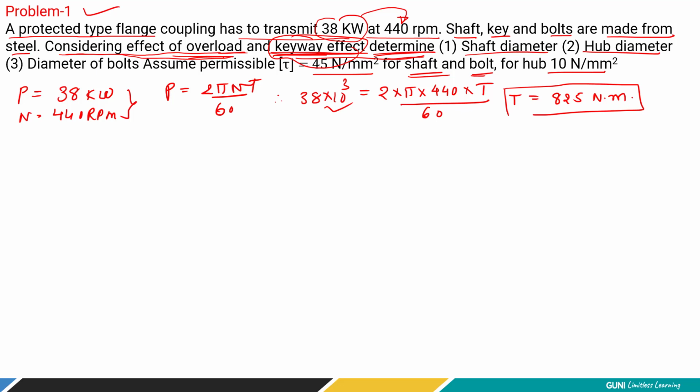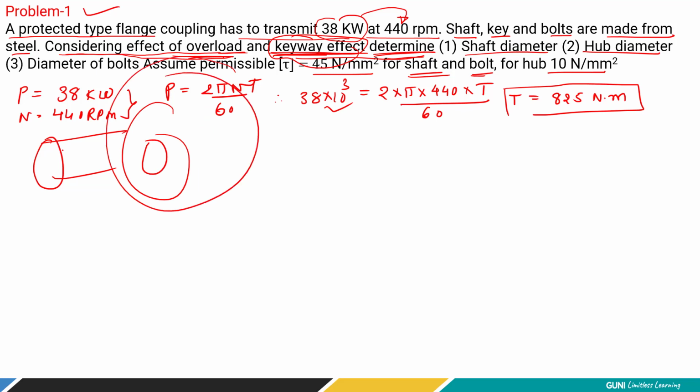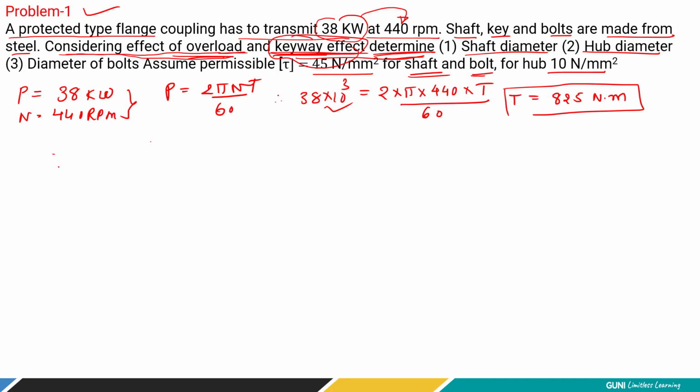Now this is the torque which is going to be transmitted from the shaft, from the hub, and from the flange. But here in the shaft we have a keyway, and also in the hub we do have a keyway. So the presence of these two keyways weakens the shaft, so we have to make it a little larger, and that is only possible by increasing the torque value, right?